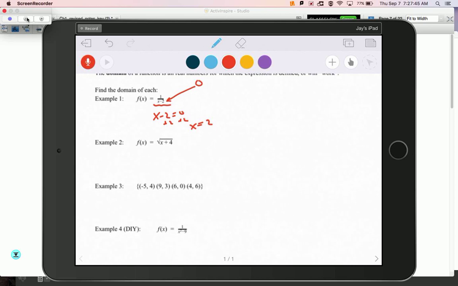And we don't want 0 down there. So we would say something like all real numbers where x is not equal to 2. So you can use anything you want but 2.